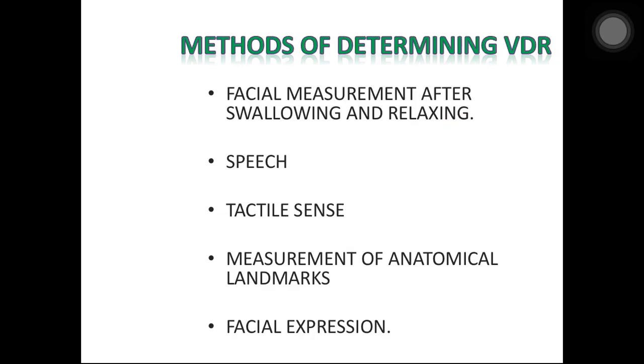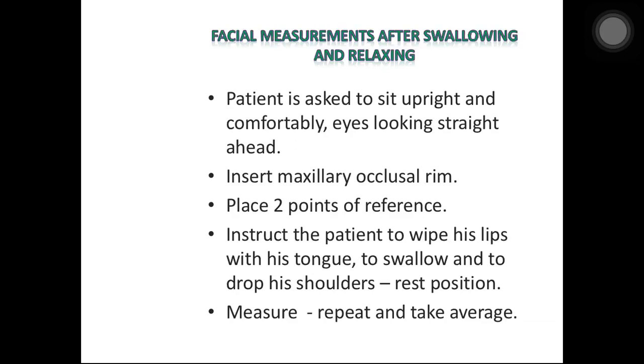In clinical settings we have to take help from all of these methods. Maybe in some patients the speech method would be useful, or in some patients the measurement of anatomical landmarks can be very useful, but it varies from patient to patient.